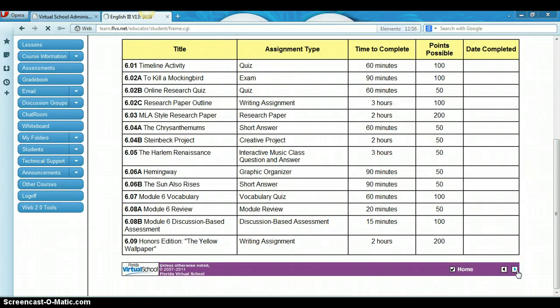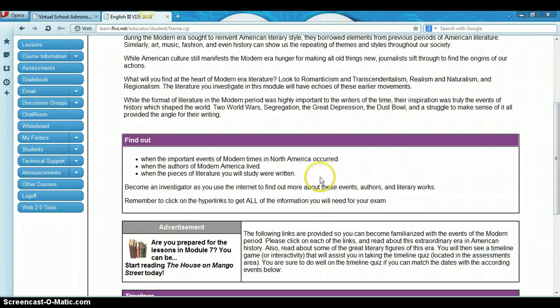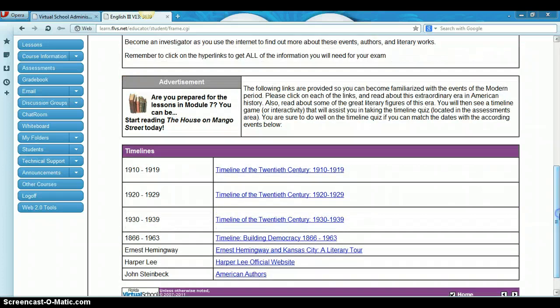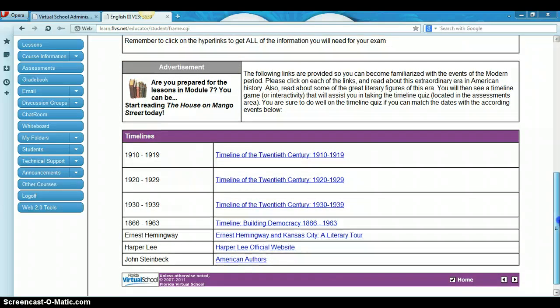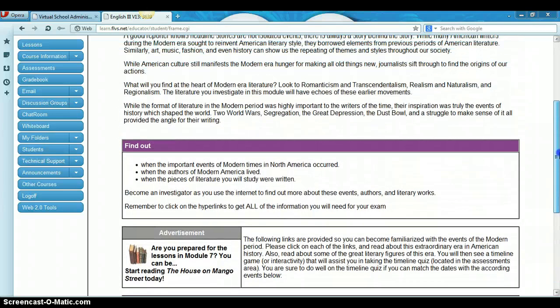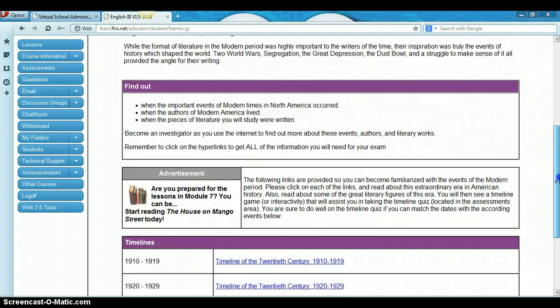All right, now 601 is a timeline assignment. So what you will need to do is find out this information that it asks you for on the announcements page and then go through these timelines. This time period is sort of all about after a lot of people moved out west, there was a lot of great literature that came up, particularly John Steinbeck, who I adore. And we're going to read some of his work in this lesson.